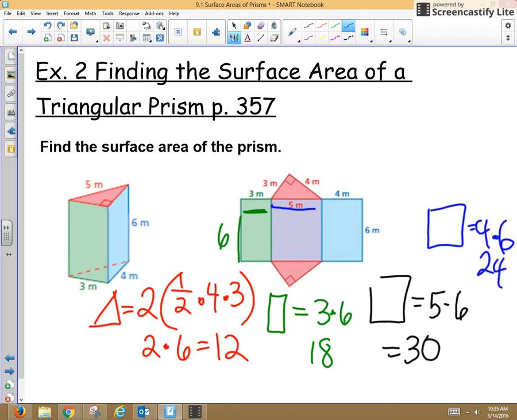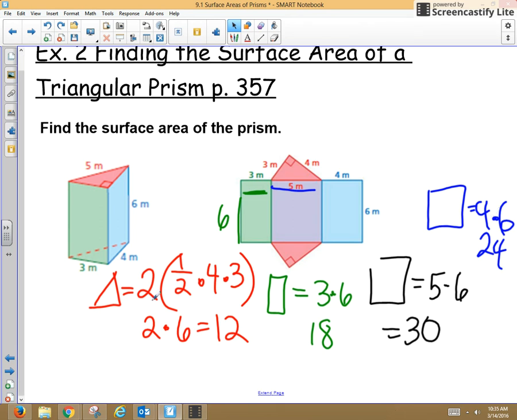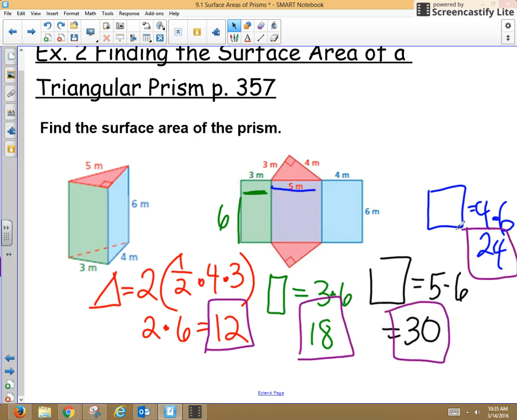So now we're going to take the sum of all of those parts: the 2 triangles, plus the green one, plus the purple one, plus the blue one. So 12 plus 18 plus 30 plus 24.